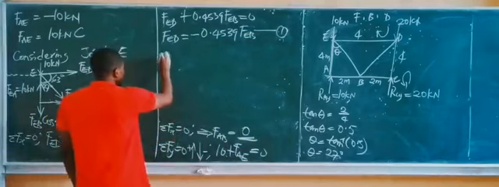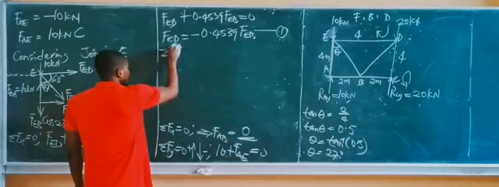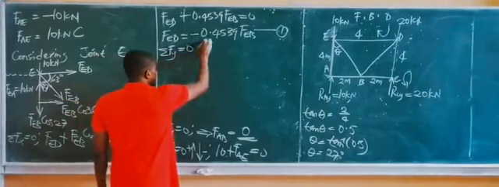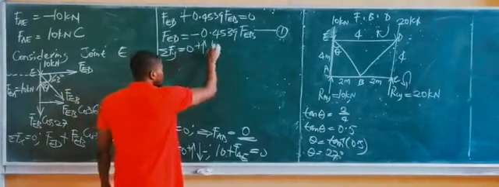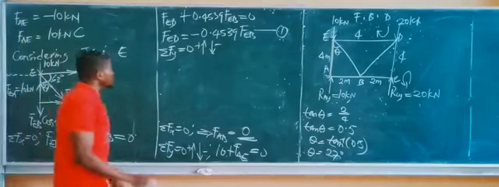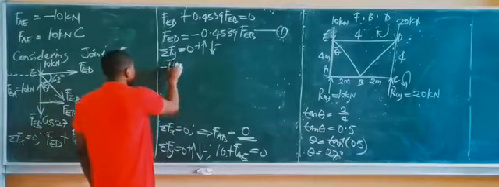Next, we can put the second equilibrium law, summation of force in the y-axis is equal to 0. Let's consider vertically upward force as positive, vertically downward force as negative. If we do that, at joint E we have 10 kN force acting downward, so it's negative. So you simply have minus 10.